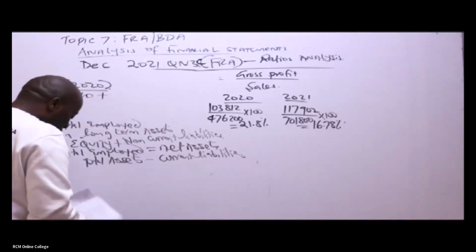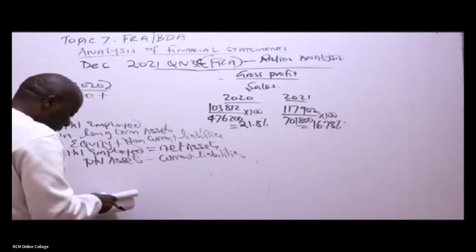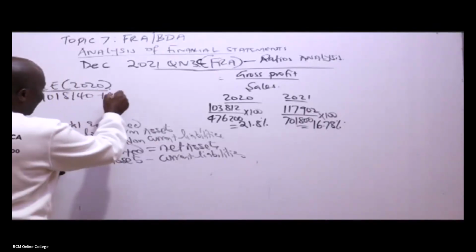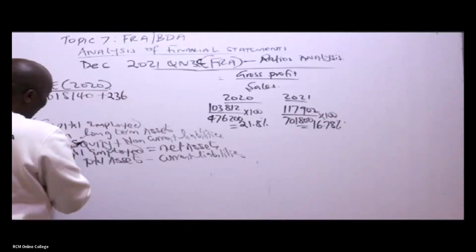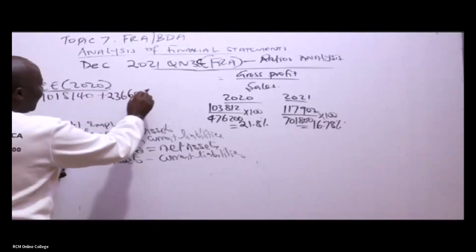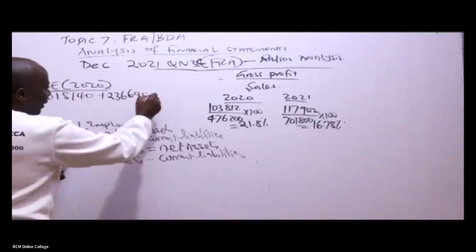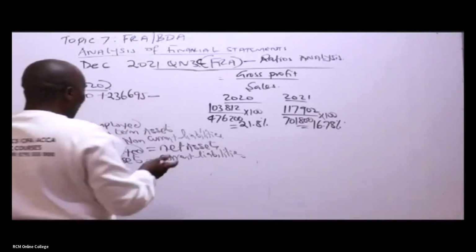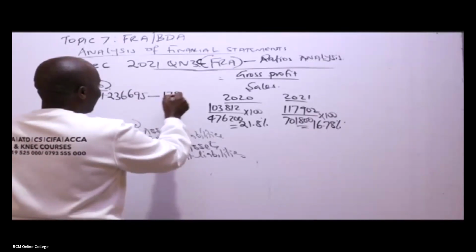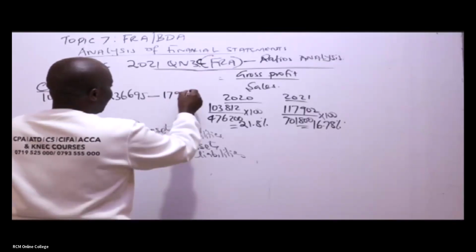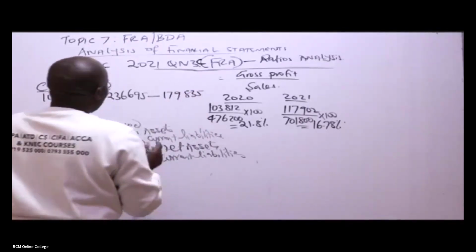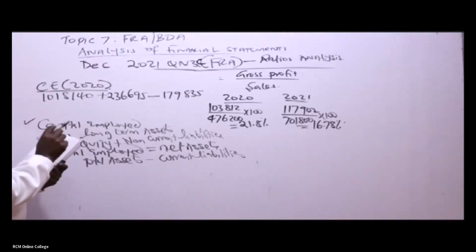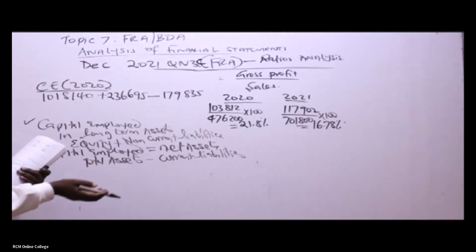Plus, we have other assets called current assets, and the current assets for 2020 are 236,695. So these are total assets. We take away the current liabilities, which are 179,835. That way you will have gotten your capital employed for 2020.